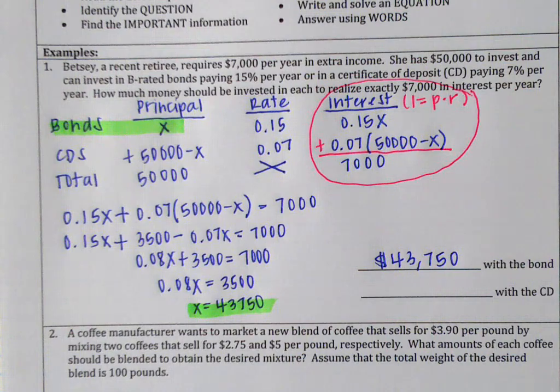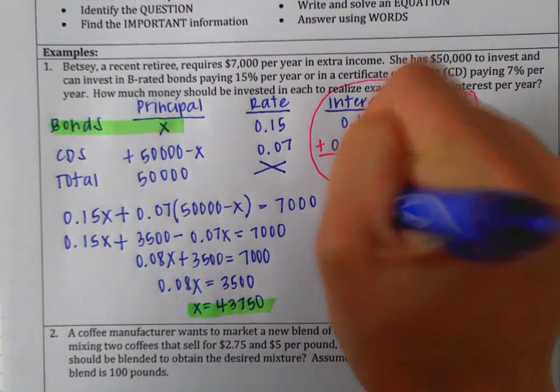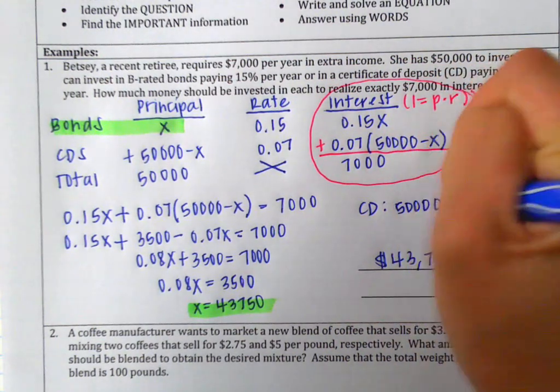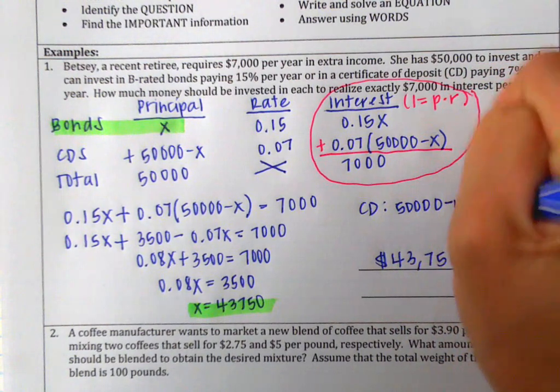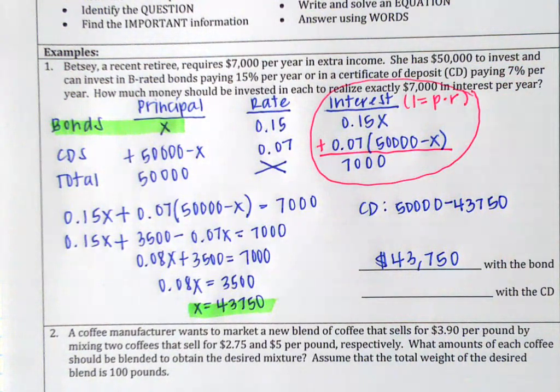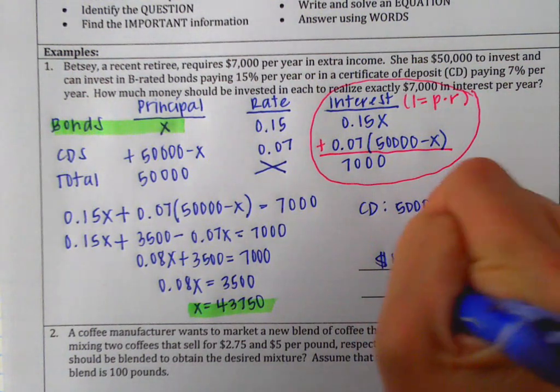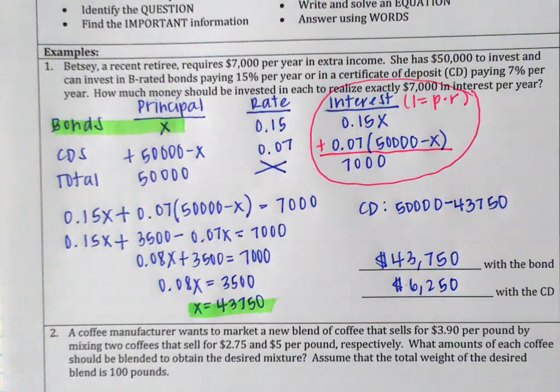Now, how am I going to find the CD amount? Just subtract. So my CD amount is going to be 50,000 minus 43,750. And I get 6,250.